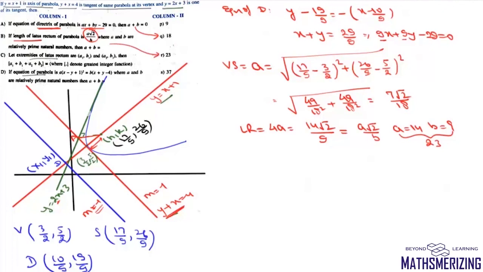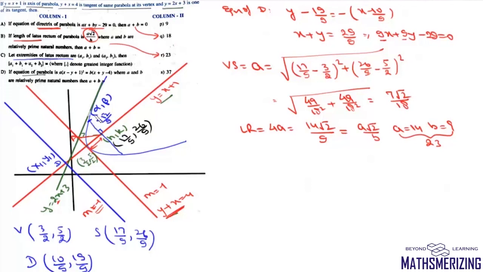Now the third thing that we need to find is the extremities of the latus rectum. We know that the latus rectum is a line which passes through the focus and is perpendicular to the axis. So we'll say this point is, suppose, alpha comma beta, and it is at a distance of 2a. And what's 2a? 2a is 7 root 2 by 9 units.